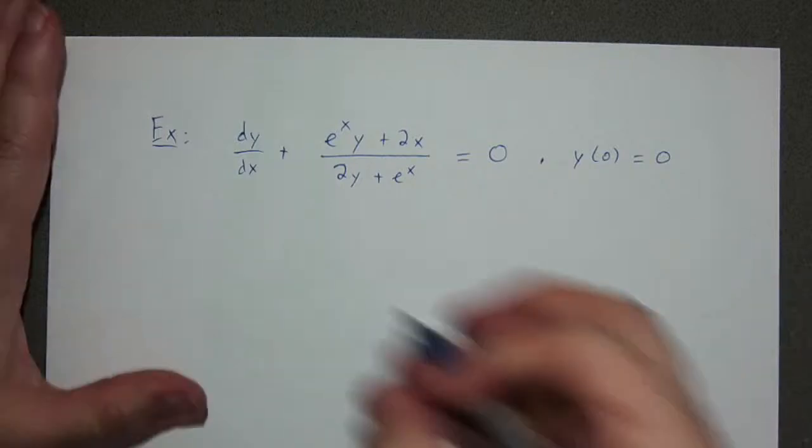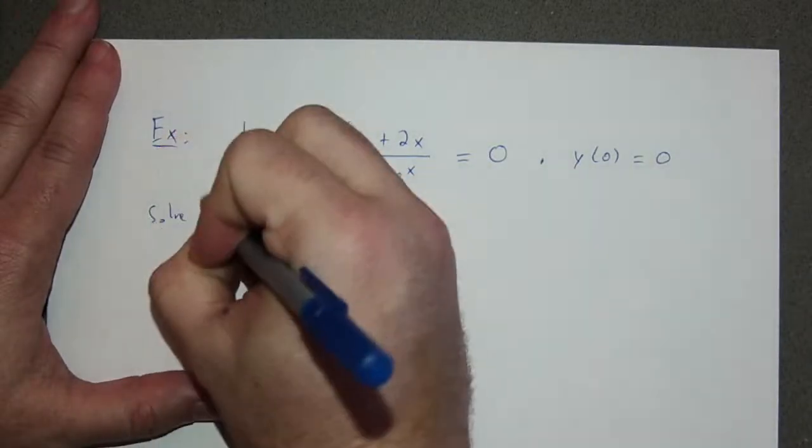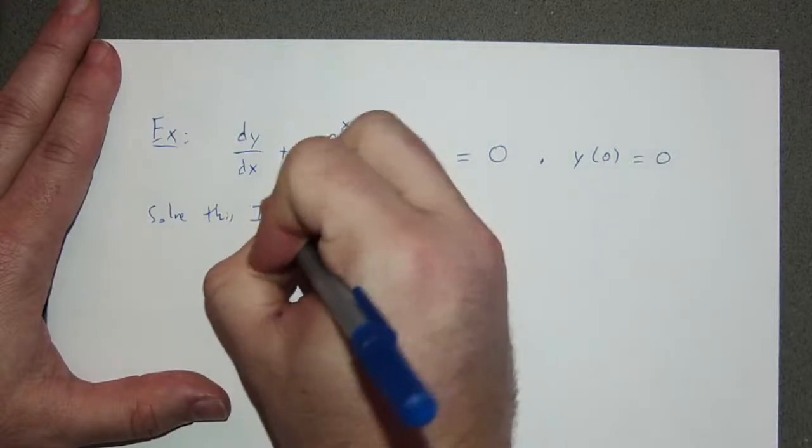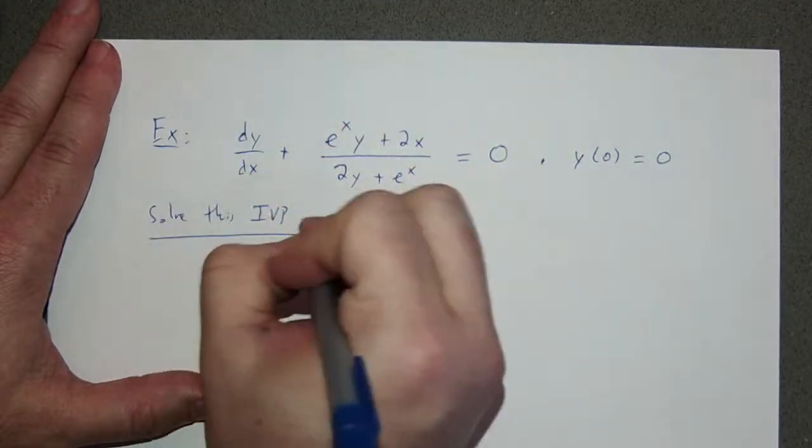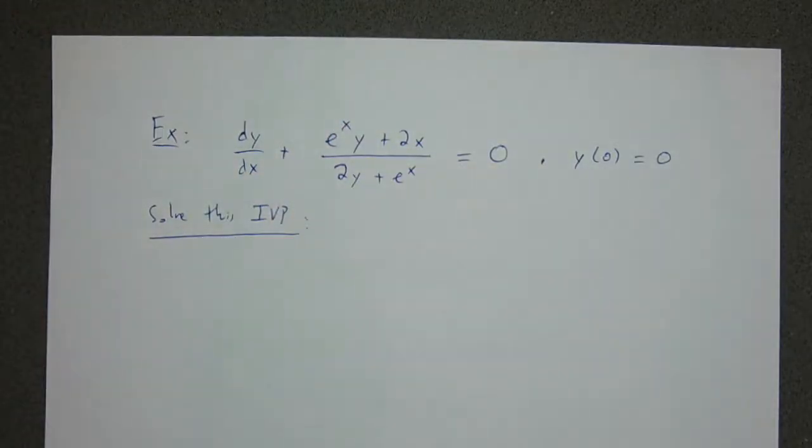So solve this IVP. Now, maybe we're able to find an explicit solution. Okay, maybe not. Maybe we're only able to get an implicit solution. But either way, we'll consider that solving the differential equation here.